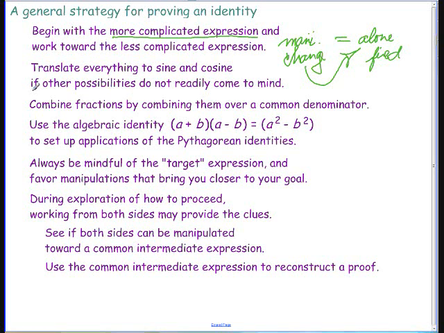One thing we can do if we don't see any other way to go about it is to translate everything into sine and cosine. That can always be done. If you've got fractions, combine them over a common denominator. That will often show you the way. Remember that a difference of squares, and this comes up a lot, can be factored into conjugates.